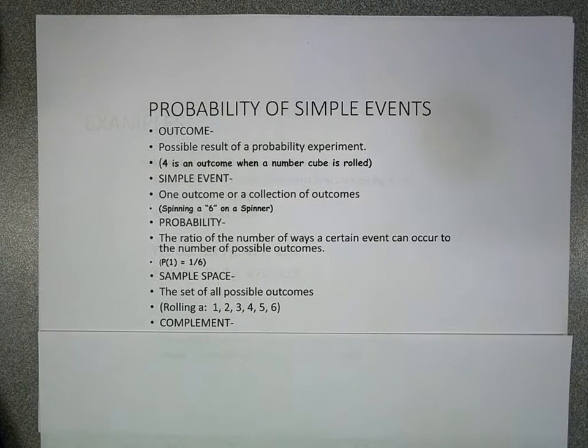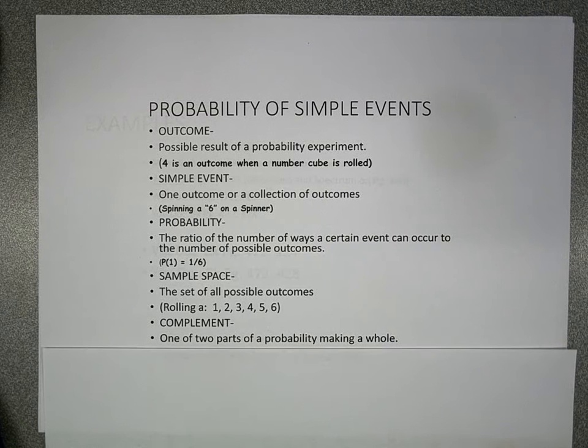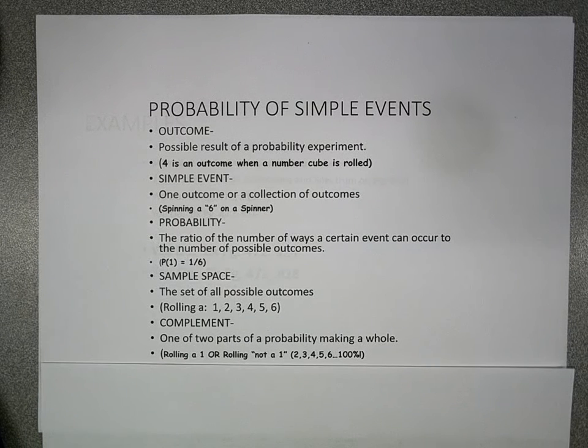And then we have something called a complement. Everyone? Complement. Here's what a complement is. This is one of two parts of a probability making a whole. By itself, I think that definition is horrible, so we'll talk about this. Here's an example of a complement. Rolling a 1, and its complement is rolling something that is not a 1.